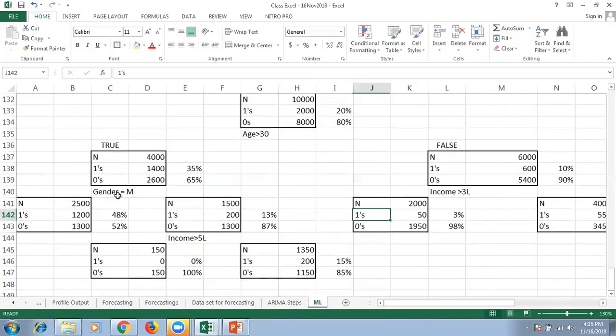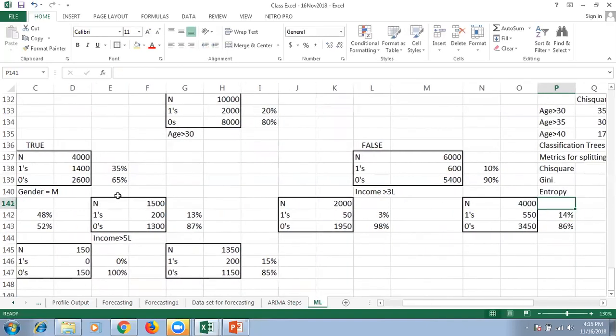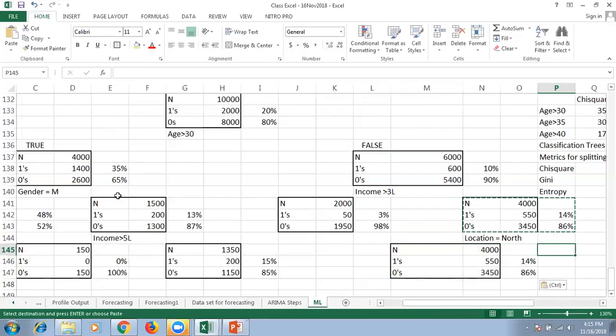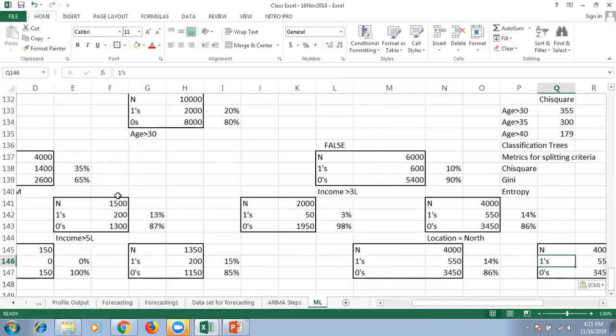Here I got a further split, gender or maybe location, for example. Location equal to, for example, north. Of course, you have the region. So if I split north versus other regions, this is the split you got. Out of these 4,000 customers, north customers are 1,200.